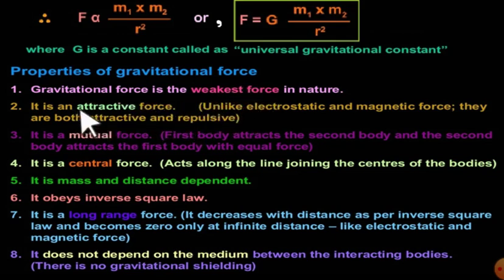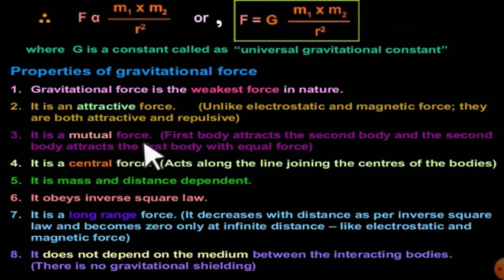It is an attractive force. There is no repulsive force in the case of gravitation, unlike electrostatic or magnetic forces, where like charges or like poles repel each other. But in the case of gravitational force, it is always attractive in nature, right.